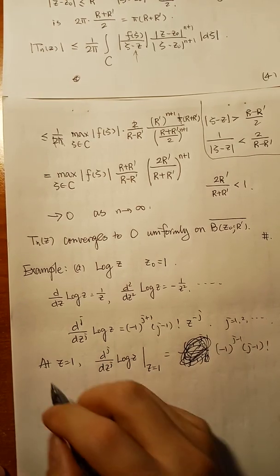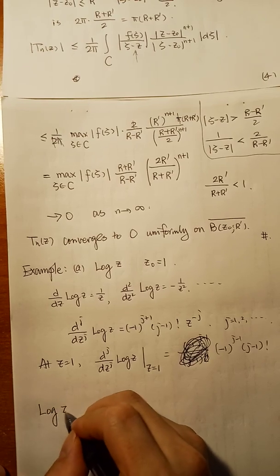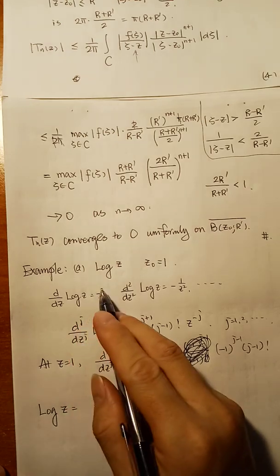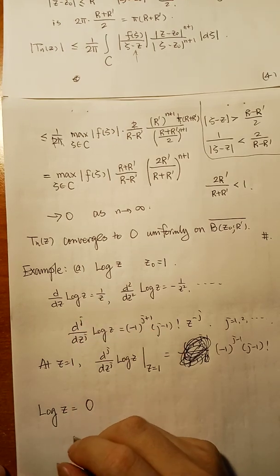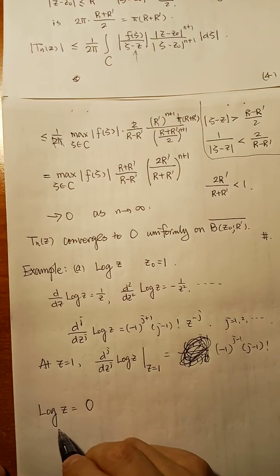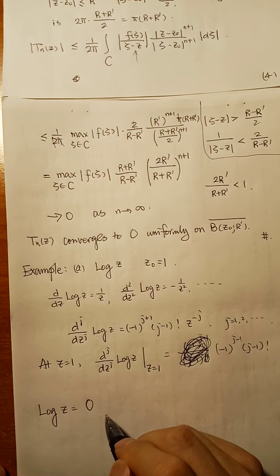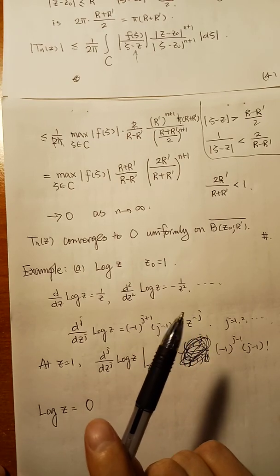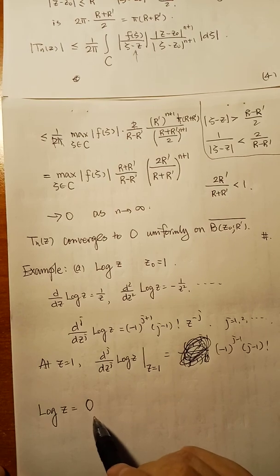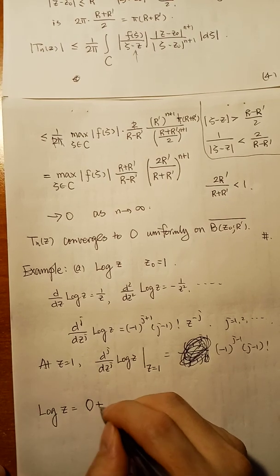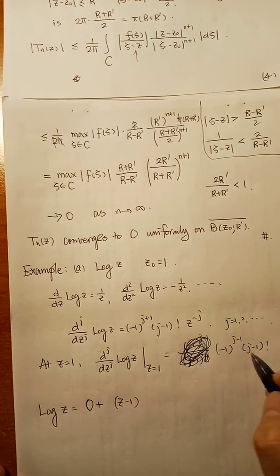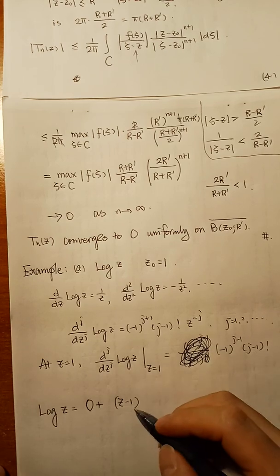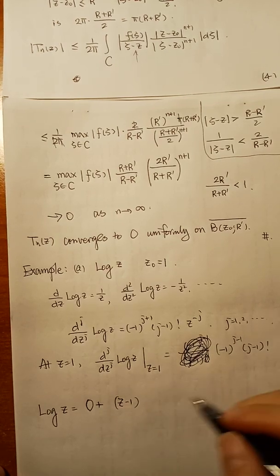Then the Taylor series. What's the Taylor series? This is the evaluation at 1. Log 1 is 0. Remember, we use the principal branch. The number 1 has argument 0, so we have 0. And z minus 1: when j is 1, this is exactly 1 over 1 factorial, and 1 factorial is equal to 1, so you have 1.